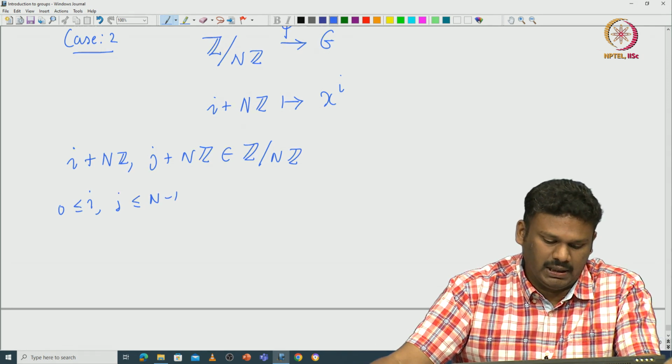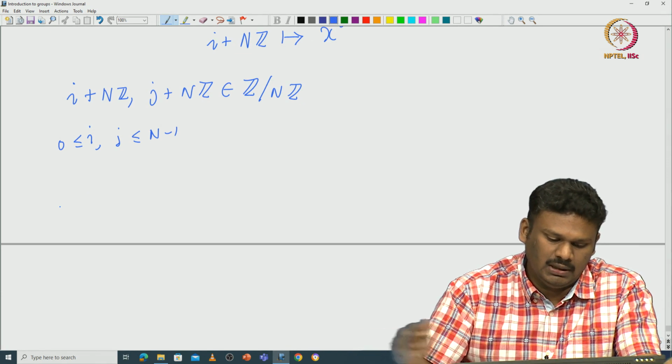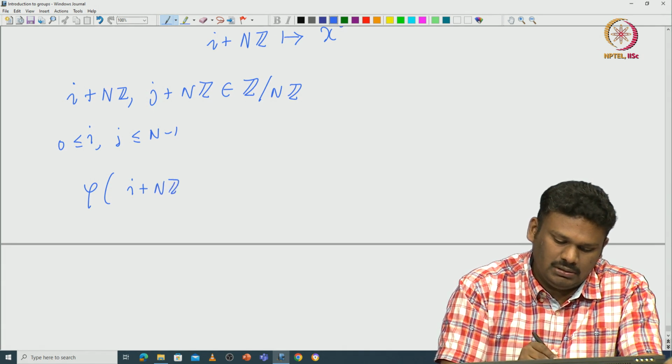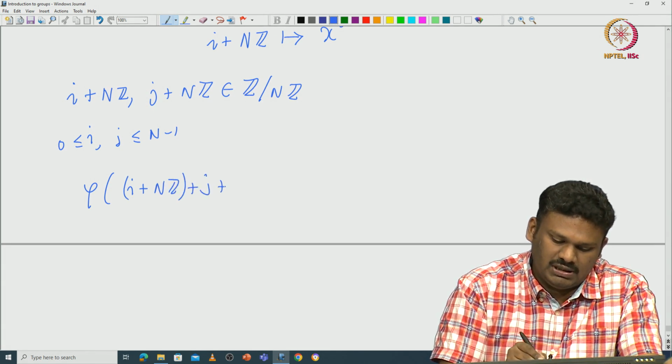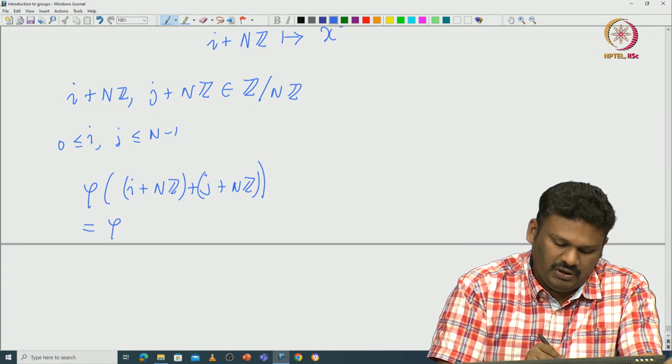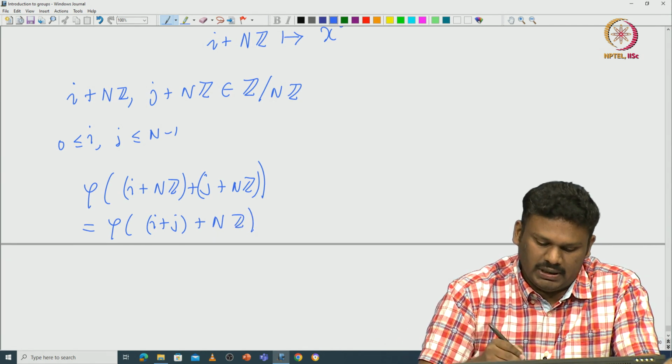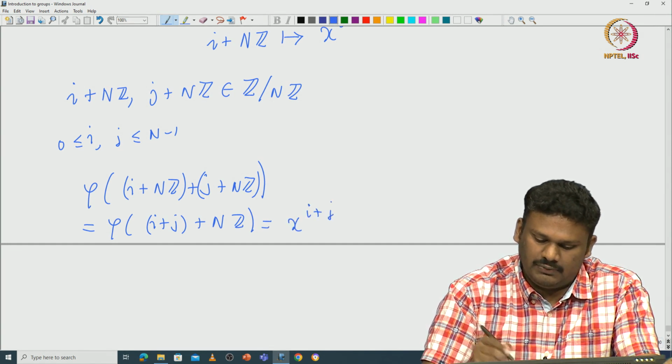Now if you take phi of (I plus nZ) plus (J plus nZ), you can see that this is exactly equal to phi of I plus J plus nZ, which is exactly equal to X power I plus J.